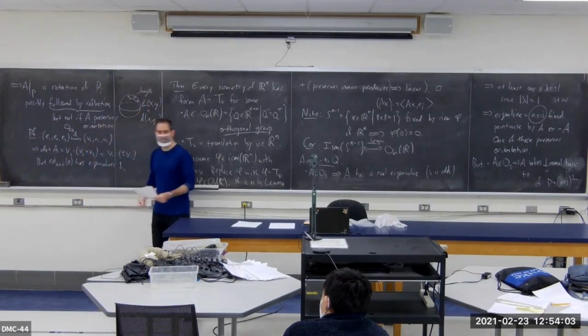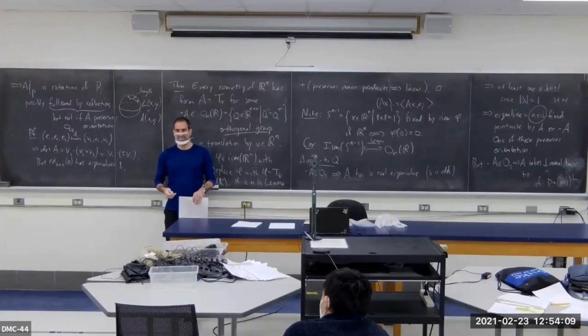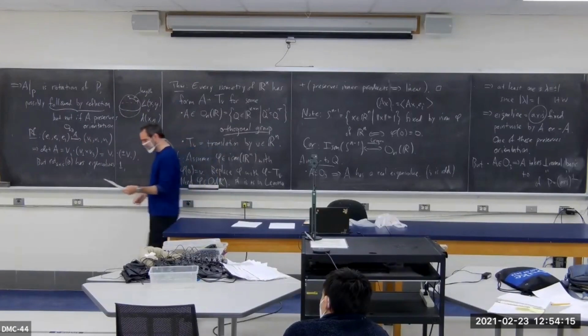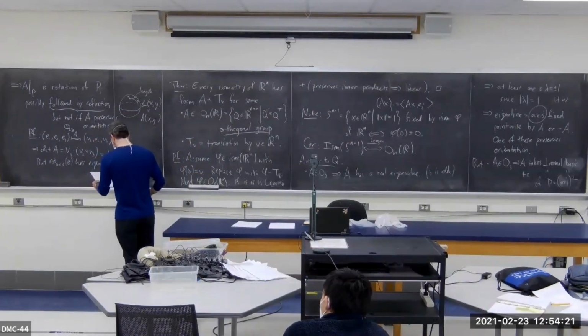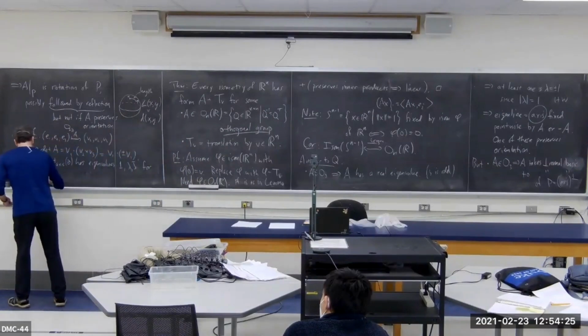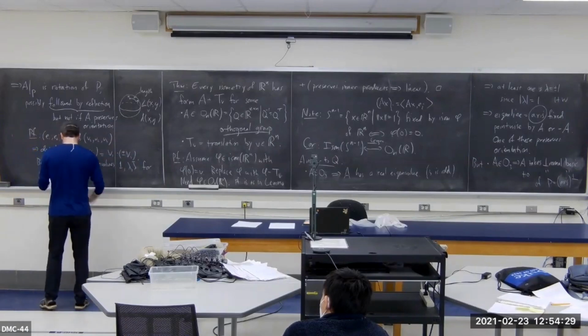And what can you tell me about the eigenvalues of rotation in a plane? Ben already said it, actually. They're complex. They're the complex conjugates of one another. Okay. They're lambda and lambda bar, right? For some lambda complex number. What can you tell me about this complex number?